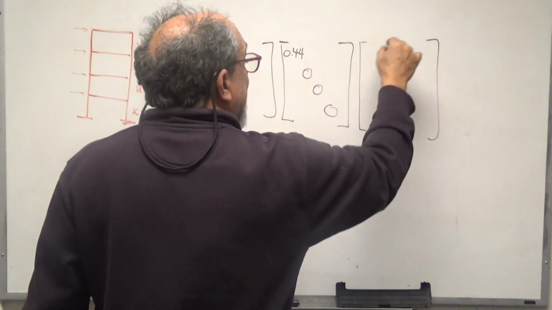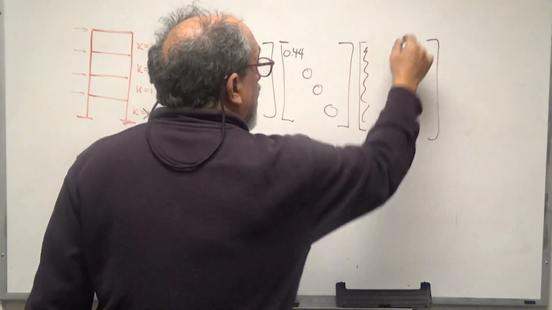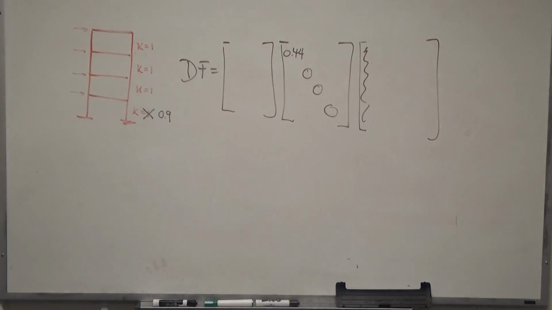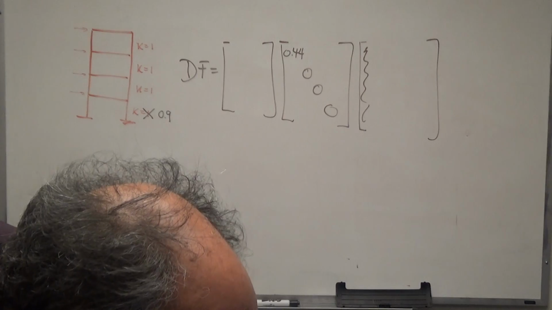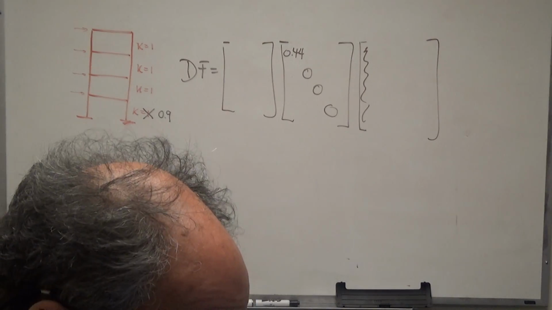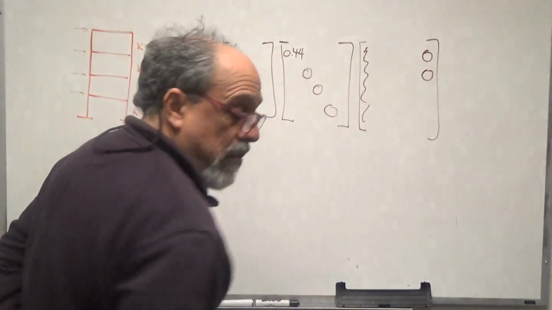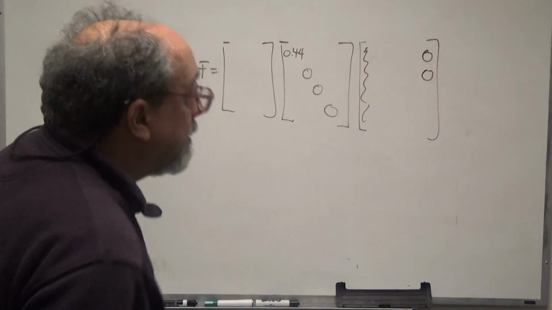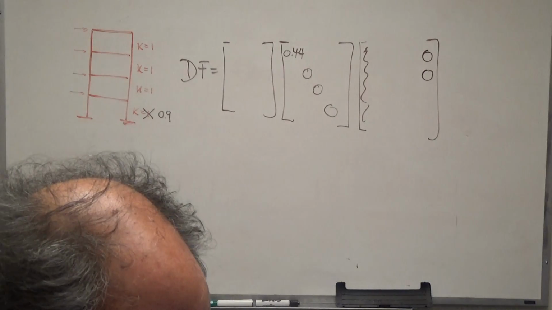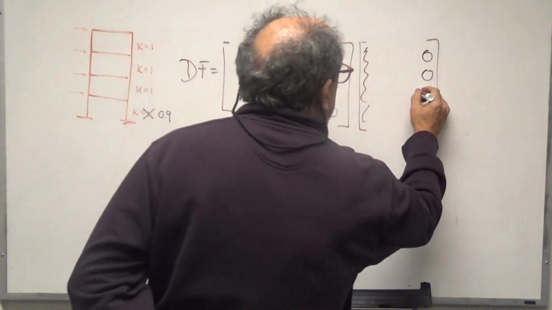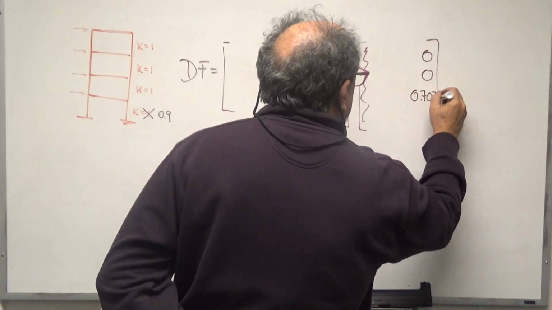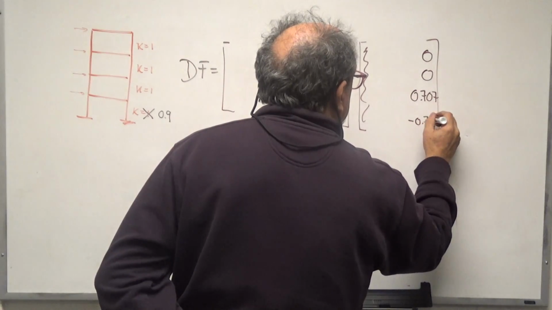That means that these last 3 columns of the V are damage locating vectors. I am looking at the screen here and looking at what the last 3 columns are. And I see that this column is 0, 0, and 0.707 and minus 0.707.